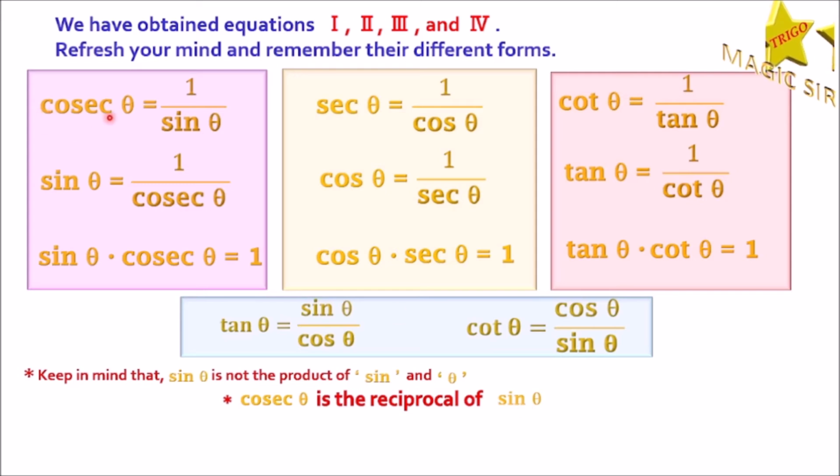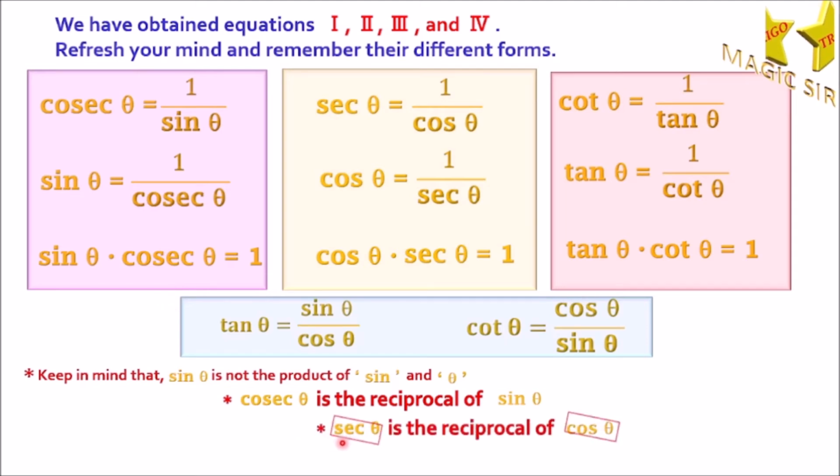Cosec theta is the reciprocal of sin theta. So cosec theta equal to 1 upon sin theta. Similarly, we can say that sin theta is the reciprocal of cosec theta. Sec theta is the reciprocal of cos theta, as sec theta equal to 1 upon cos theta.